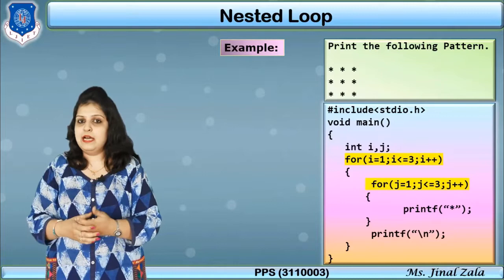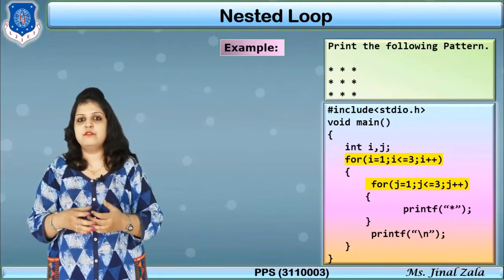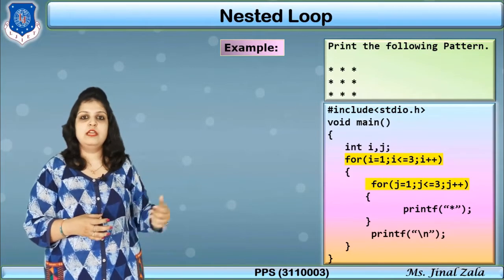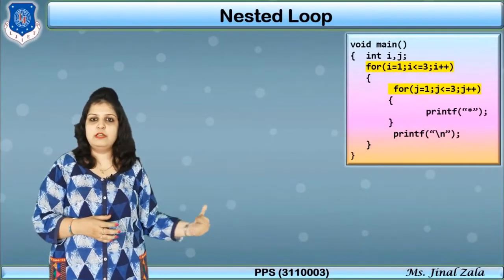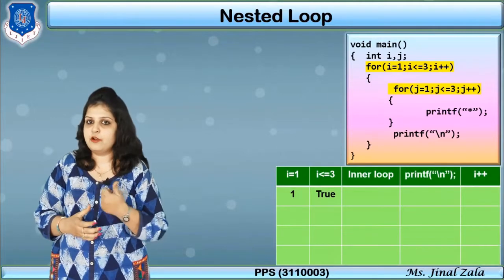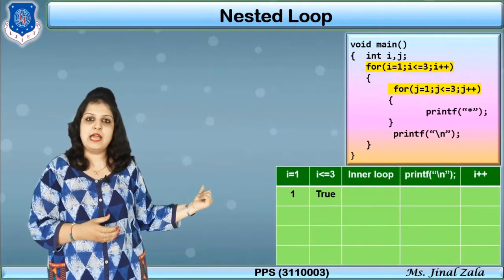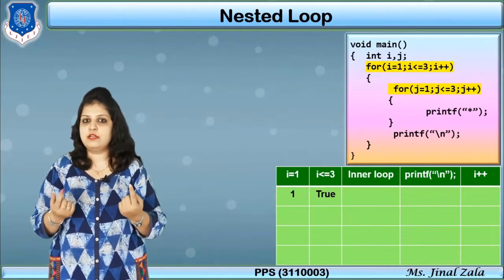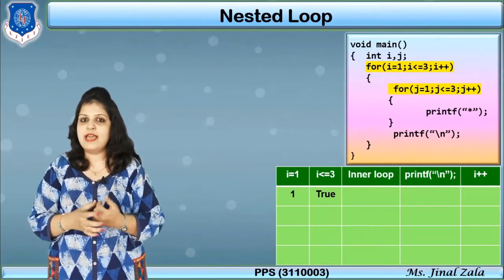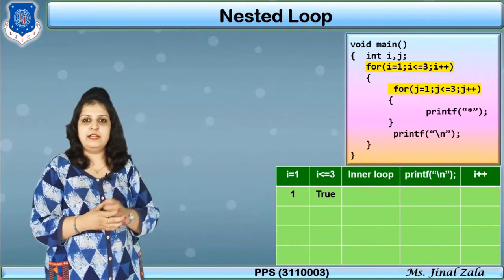Now let's see how the program will execute. Here you can see the table of rows, and the table below indicates the number of rows. First of all i is equal to 1, then check the condition that 1 is less than or equal to 3. The condition is true, so we come inside the loop.